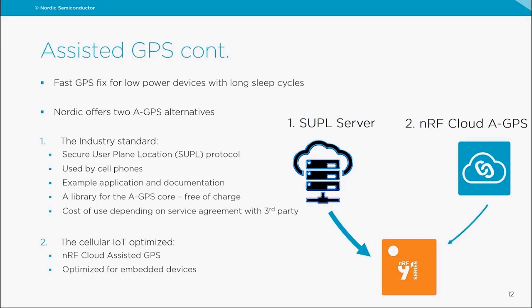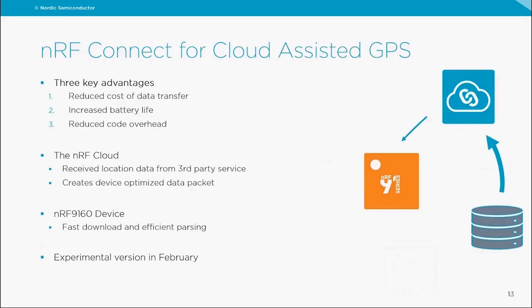And that is a really significant step down in terms of the cost of data transfer. So we transfer less data. We greatly increase the battery life by reducing the amount of data that needs to be downloaded and how much processing needs to happen to it once it's on the device. And there's a reduced code overhead on the embedded side.